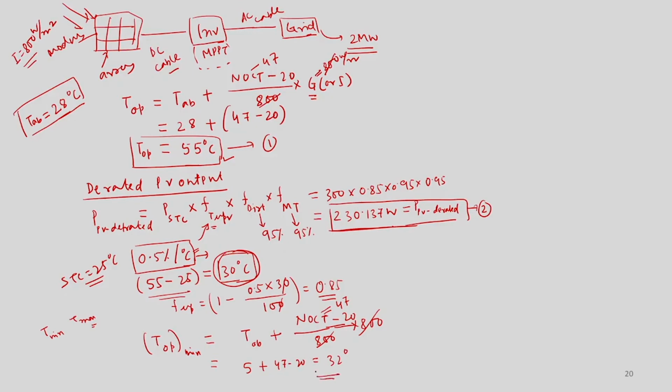Similarly, we can calculate T operating max. T operating max will be 38 degree C, which is given, plus 47 minus 20, because the other term goes off.